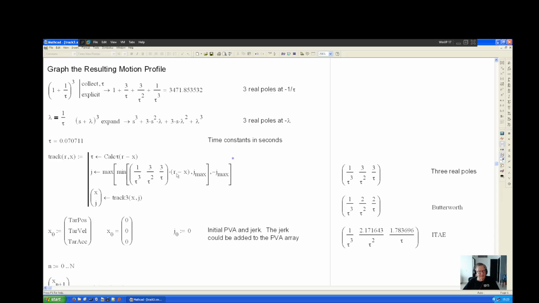This is the reference, excuse me, this is the reference position, velocity, and acceleration, and this is the target position, velocity, and acceleration. And I have to limit the jerk to something reasonable, whatever the system, the actuator, is capable of. And then it returns a target position, velocity, and acceleration and a jerk.